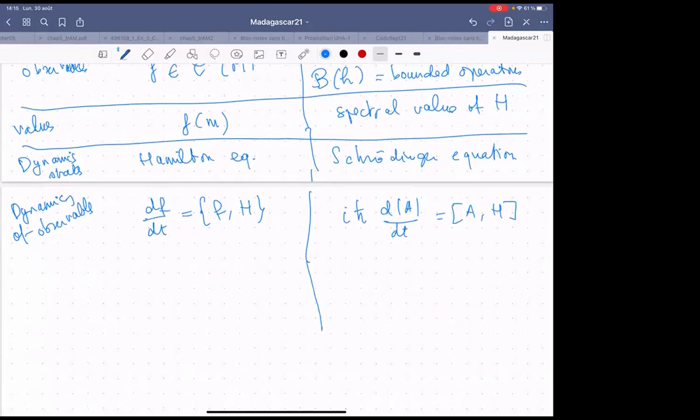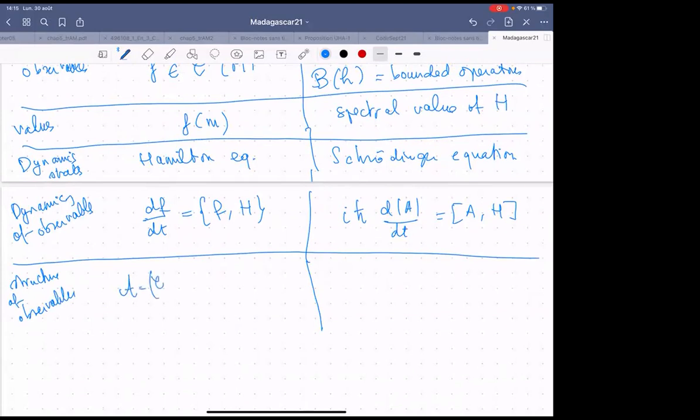And now, what about the structure of observables? If I consider all the ingredients I mentioned already, then we have this set C infinity of M, which are functions on M. We have the pointwise multiplication, which gives a structure of algebra to C infinity M. And we have a bracket I mentioned already, and this triple is considered to be a Poisson algebra.